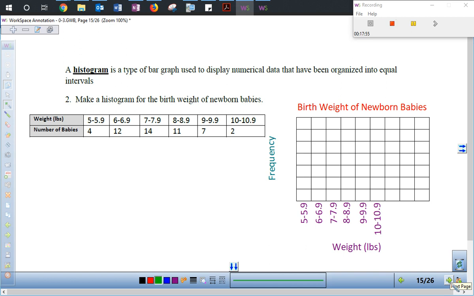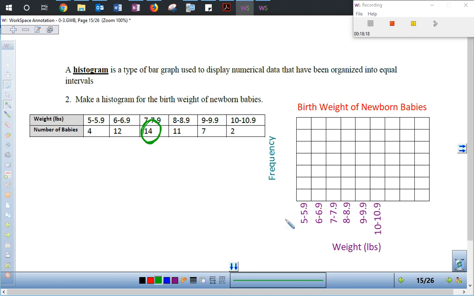Now, again, let's try and figure out a scale. So I have 1, 2, 3, 4, 5, 6, 7 lines that I can use, and the highest number that I need to get to is 14. So if I do a little bit of math there, 7 lines, and I need to get to 14, well, 14 divided by 7 is 2, which means I could easily use a scale factor of 2.